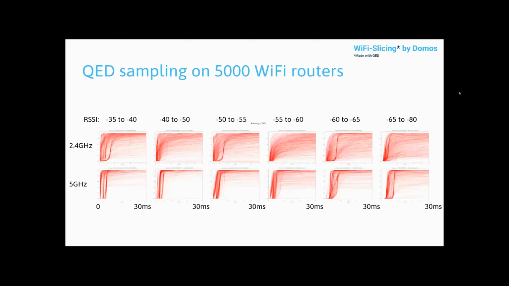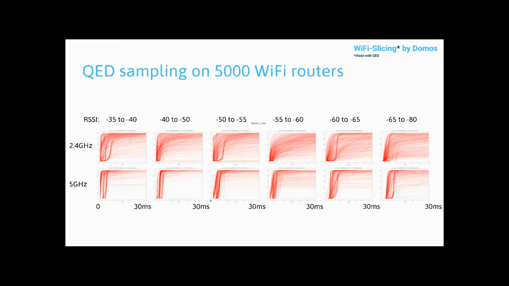So here is an excerpt from the data set we collected. The top row here is the 2.4 gigahertz network, and the bottom row is the 5 gigahertz network. The leftmost column is the best possible signal strength, and then the signal strength decreases as you go right. So there are a few salient points here.